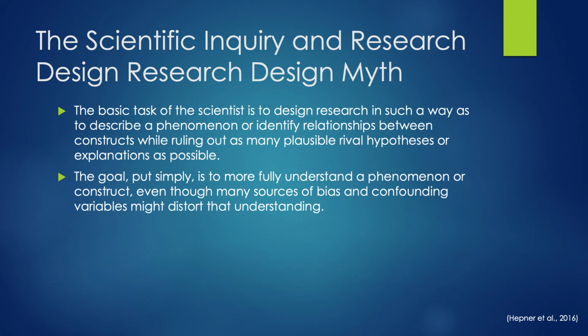And that's okay. When you're designing, we want to take out as many sources of these biases and variables as we can, but in reality, you're not going to be able to take them all out, or maybe even many of them. And that's okay.